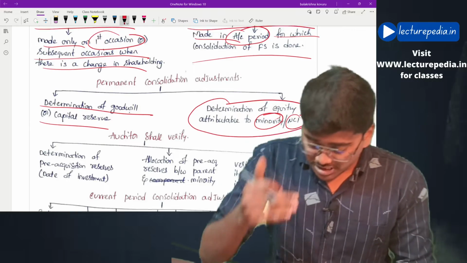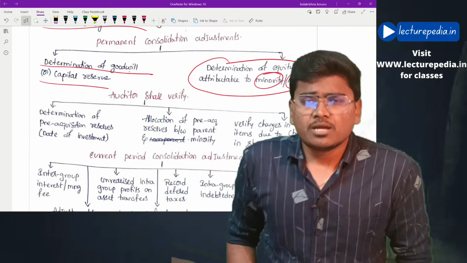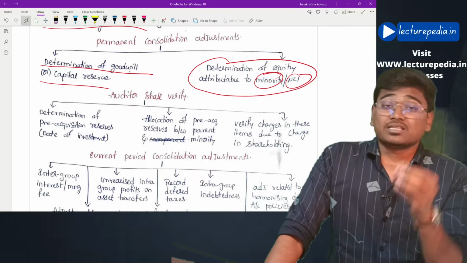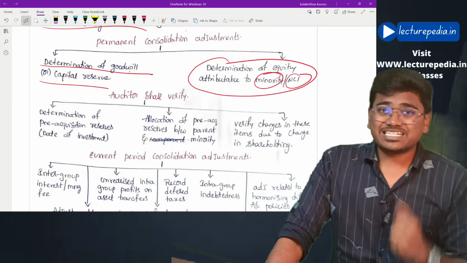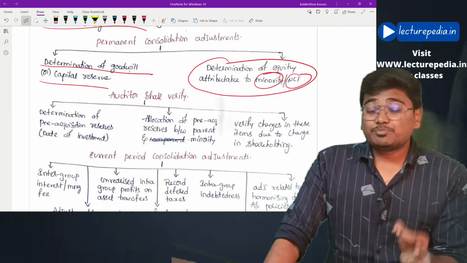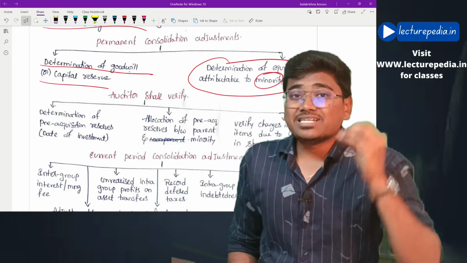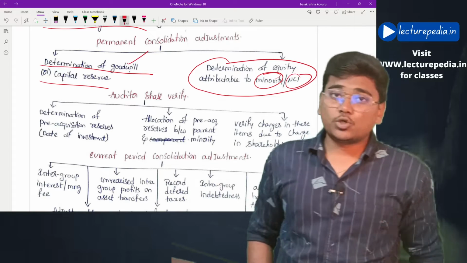Now in regard to this permanent consolidation adjustment, what has to be verified by the auditor? Basically the auditor has to verify the calculation of pre-acquisition reserves, how the pre-acquisition reserves have been determined. Pre-acquisition reserves play a very important role in calculating the capital reserve and goodwill.